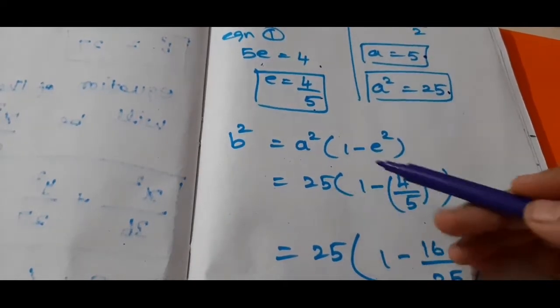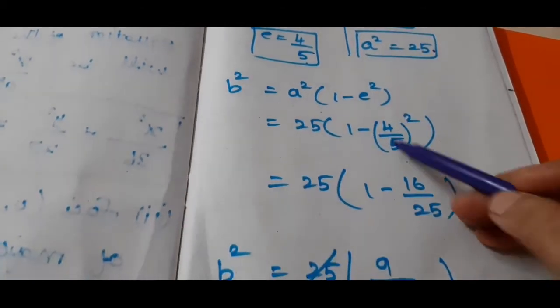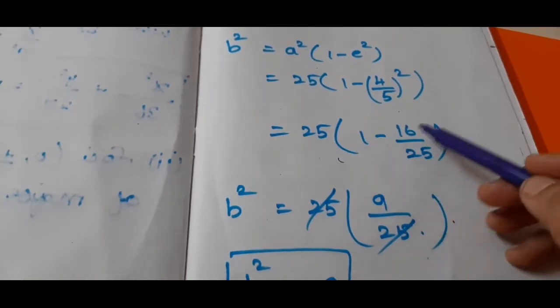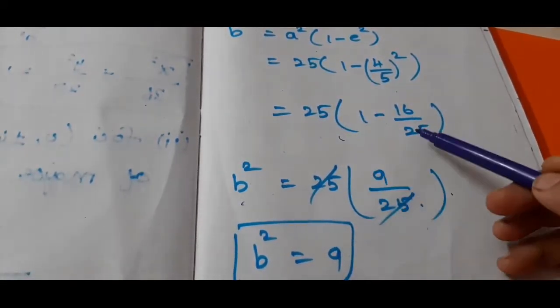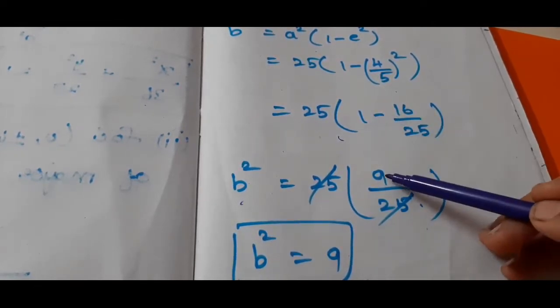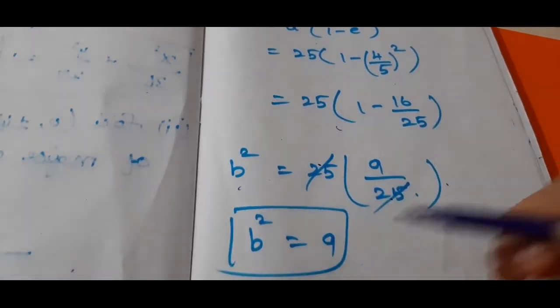That is, a square is 25, and e answer is 4 by 5, so 4 by 5 whole square is 16 by 25. So 25 into 1 minus 16 by 25. b square is equal to 25 into, if I am taking LCM, 25 minus 16 is 9. So this 25 and this 25 can be cancelled. b square will be 9.